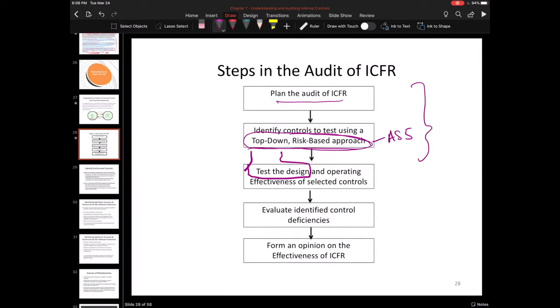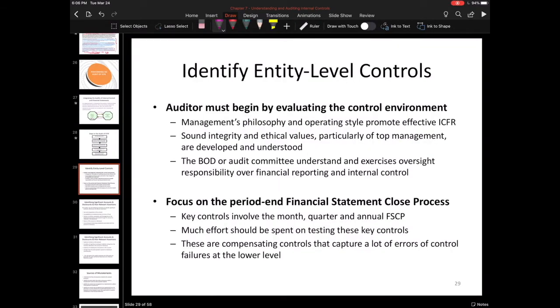And then here is where I'm going to do my test of the operating effectiveness of controls. And then I have to evaluate my control deficiencies to see if I think they're control deficiencies, significant deficiencies, or material weaknesses.